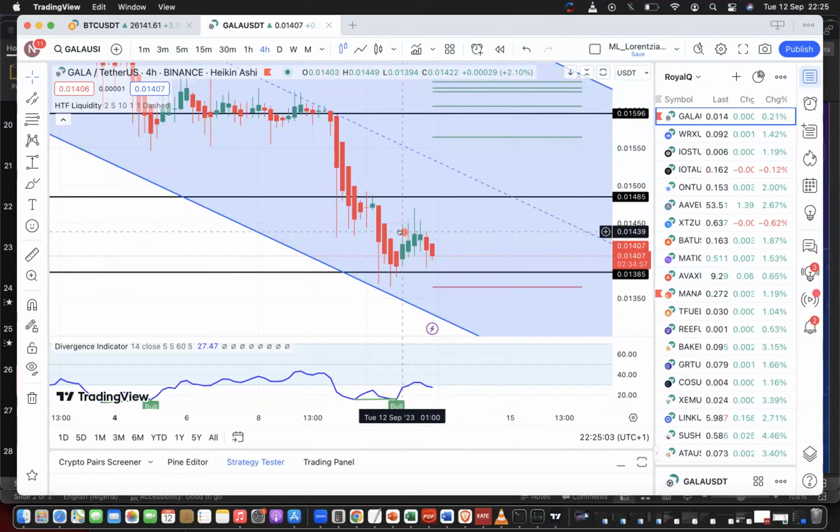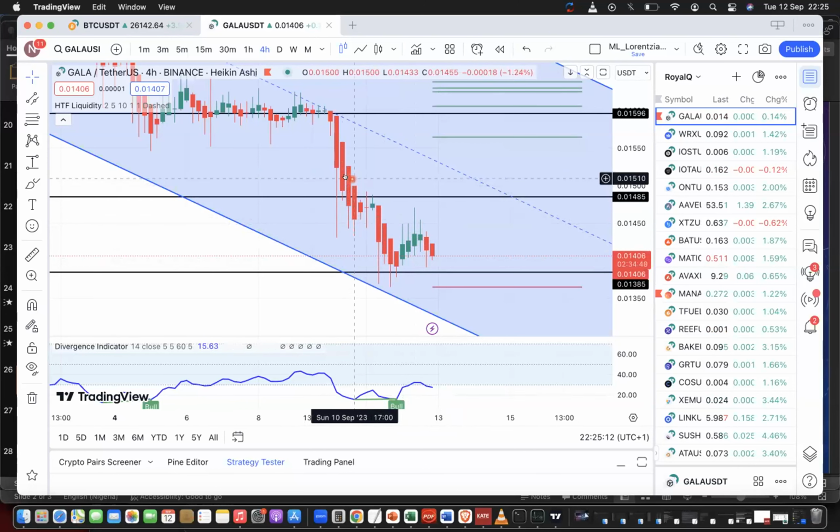It came up, but the sellers also sold and brought it down. So each candlestick is basically a 4-hour time frame, just a way of dividing time and showing you how price has moved per that division of time.